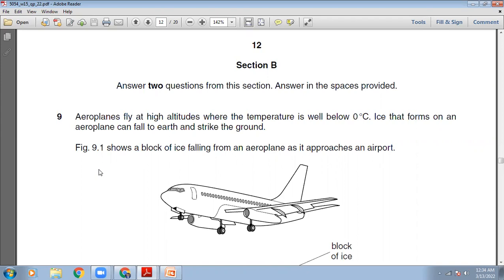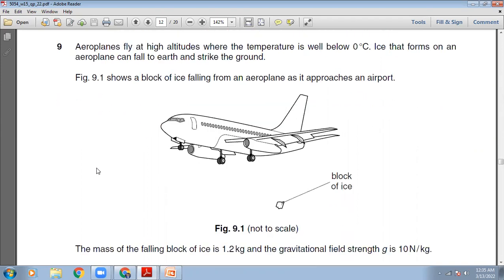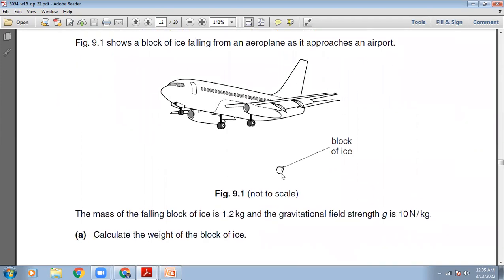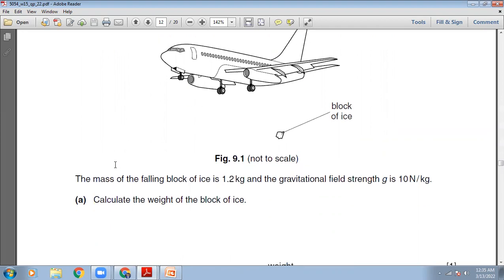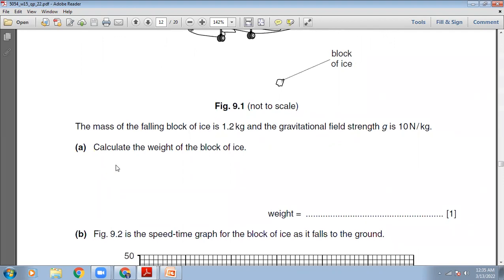Figure 9.1 shows a block of ice falling from an aeroplane as it approaches an airport. So this is that piece of ice which is falling from this aeroplane. The mass of the falling block of ice is 1.2 kg, and the gravitational field strength g is 10 Newton per kg. The question is, calculate the weight of the block of ice.